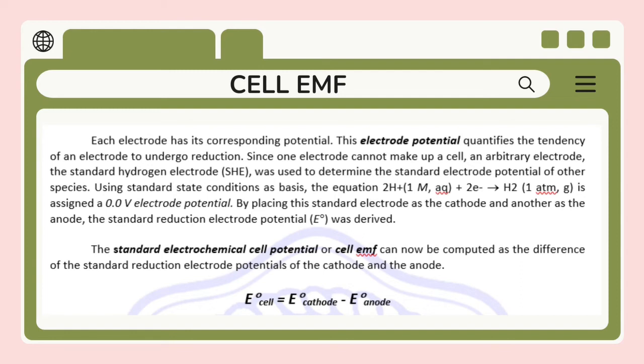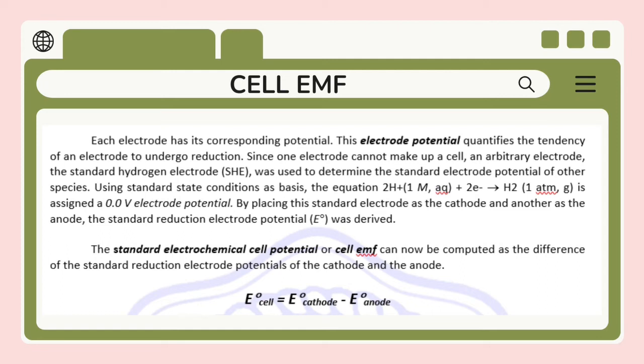Each electrode has its own corresponding potential. This electrode potential quantifies the tendency of an electrode to undergo reduction. Since one electrode cannot make up a cell, an arbitrary electrode, the standard hydrogen electrode or the SHE, was used to determine the standard electrode potential of other species.